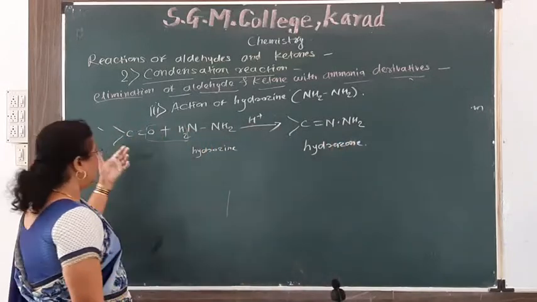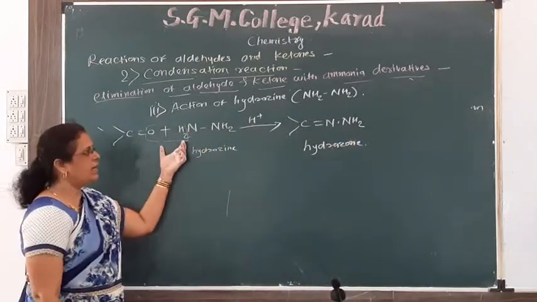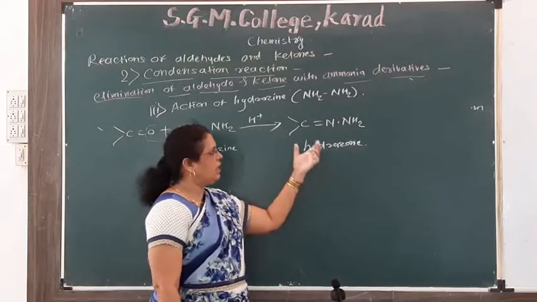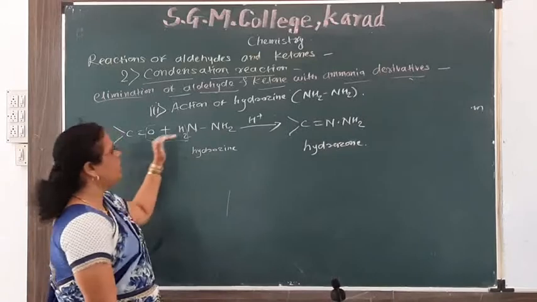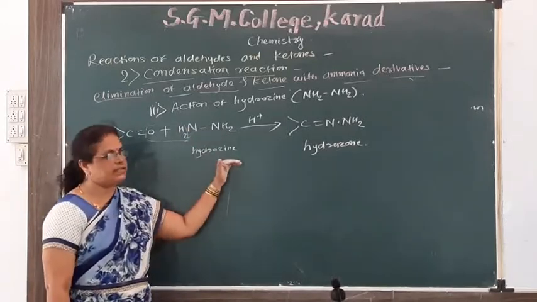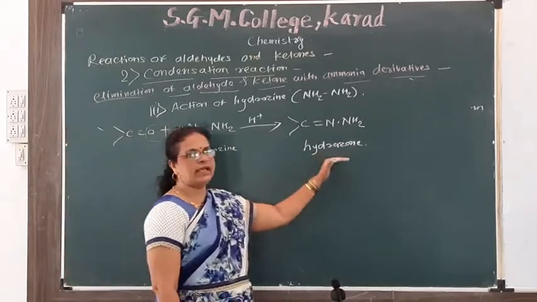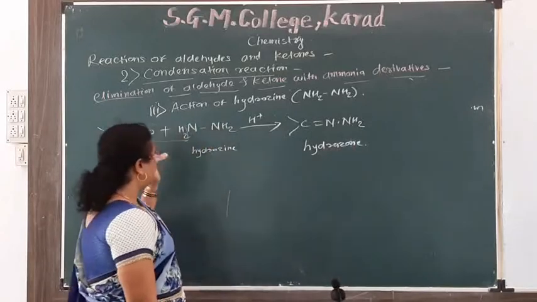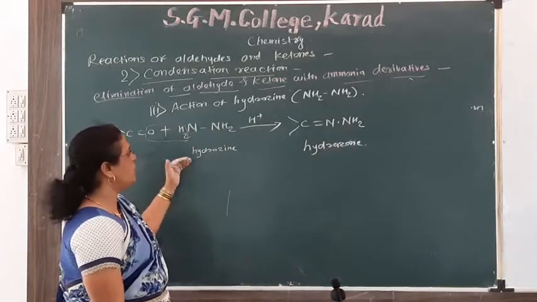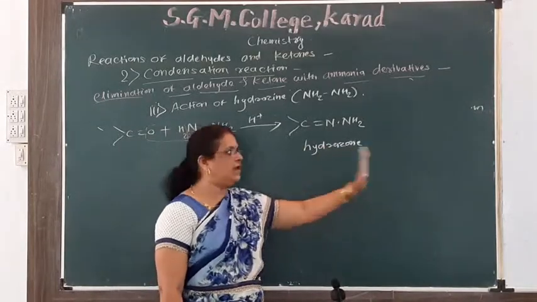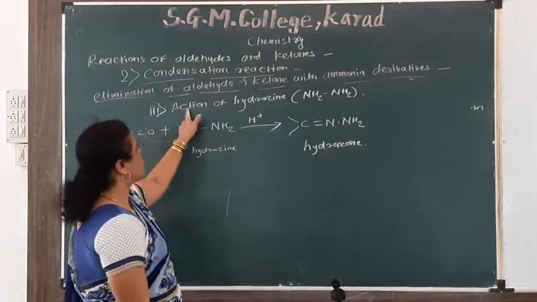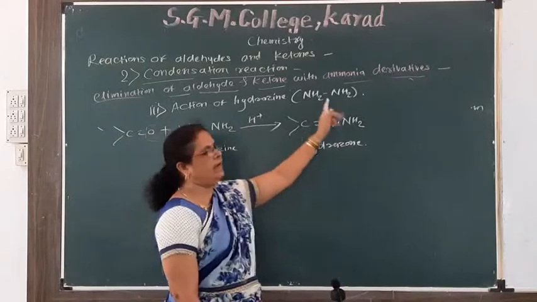It means aldehyde reacts with hydrazine, then it gives aldehyde hydrazone. For example, acetaldehyde when reacts with hydrazine, then it gives acetaldehyde hydrazone. Acetone, that is example of ketone, acetone reacts with hydrazine, then it gives acetone hydrazone. This is the third reaction, that is action of hydrazine.